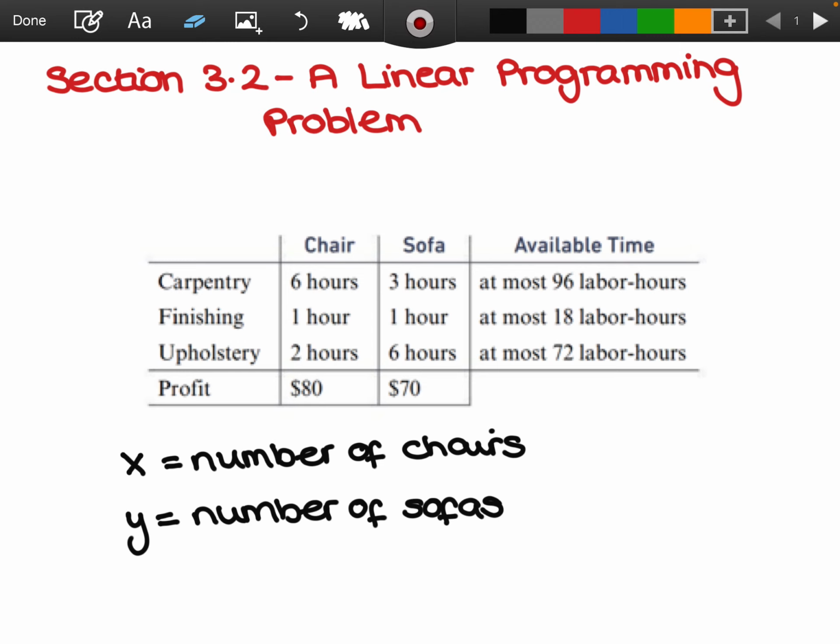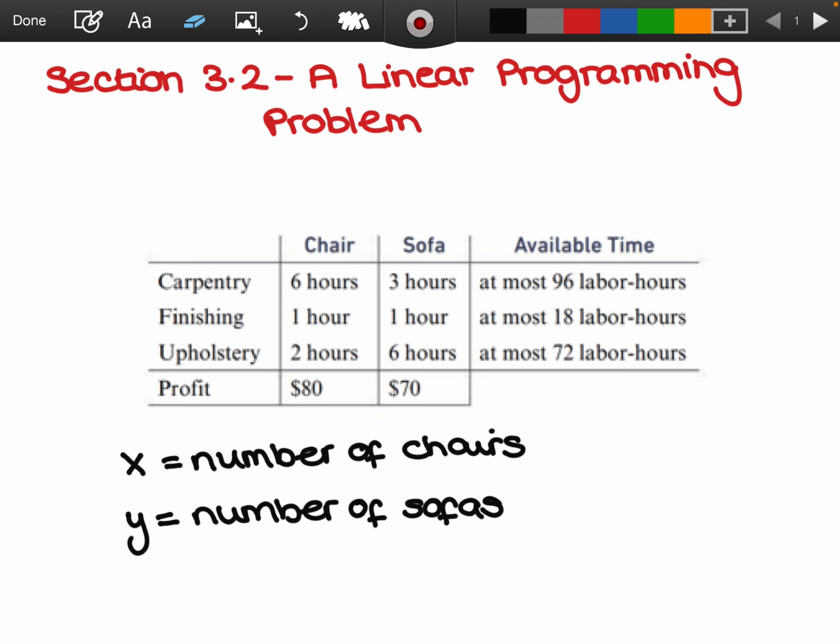And then it's going to lead us into section 3.3. We won't be able to solve this yet, but it will show us exactly where we're going with section 3.3. This is basically just one big example, and it's a furniture manufacturing problem.